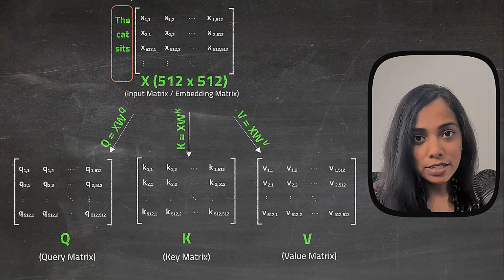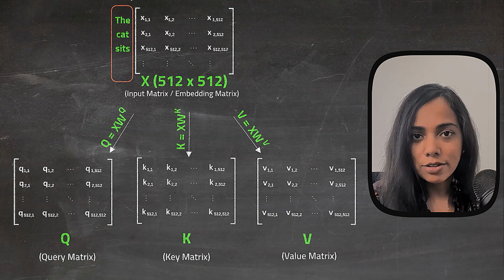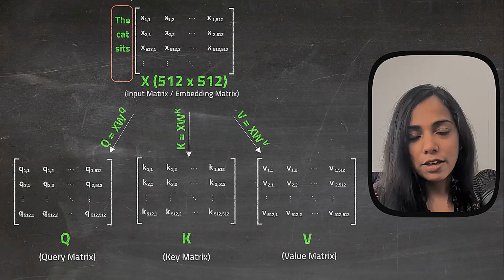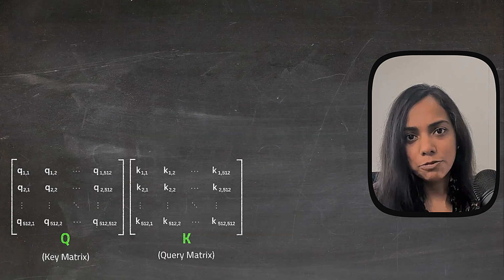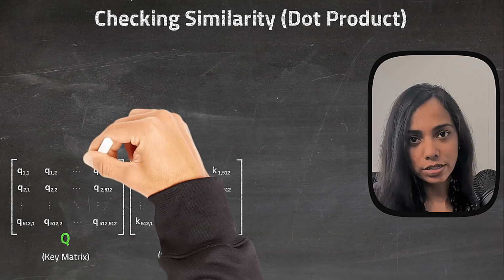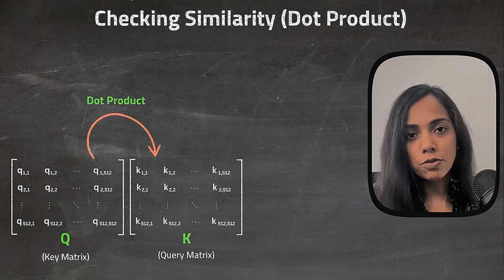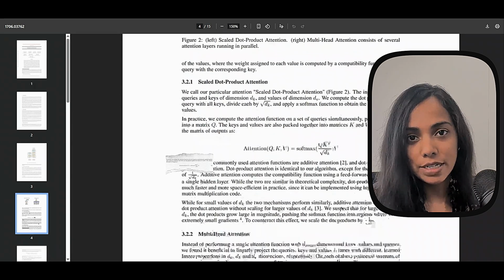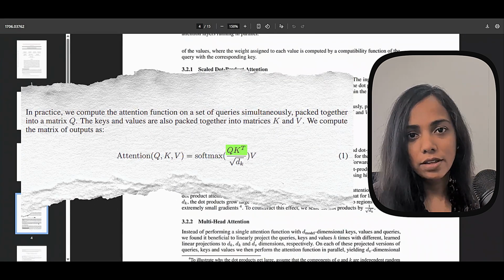The attention mechanism determines how related or similar words are impacting each other by computing the dot product of the query and the key vectors. For 2 vectors, the dot product multiplies corresponding elements and then adds them up.